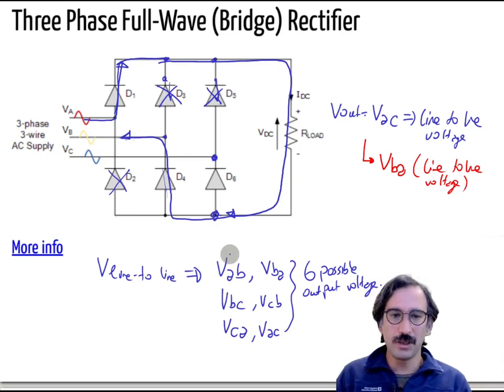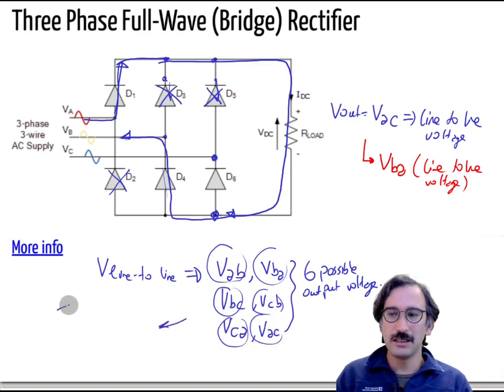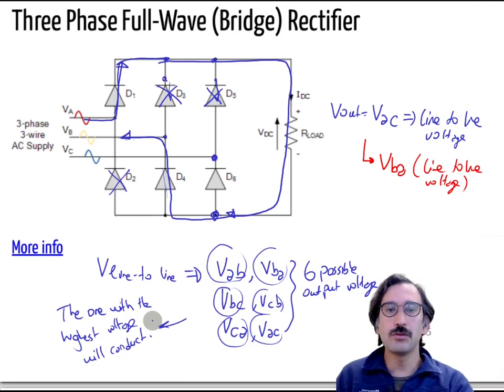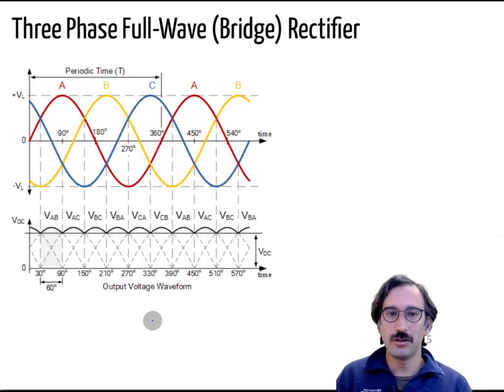So in other words, we have all those 6 possible output voltages, and the one with the highest voltage will conduct. Let me show that in the figure, so it will probably be easier to understand. Here I have just 3 line to line voltages.